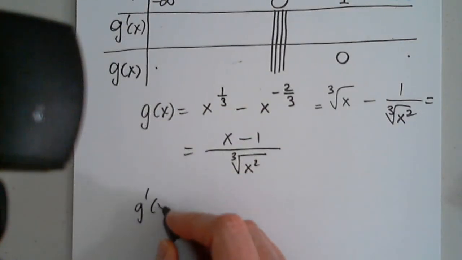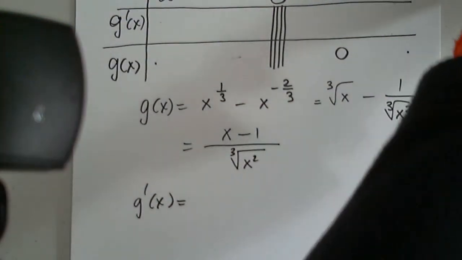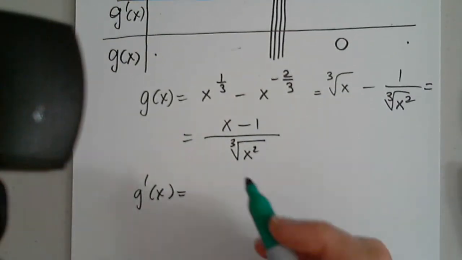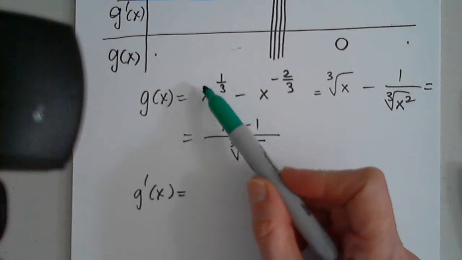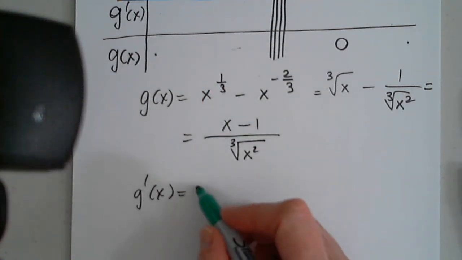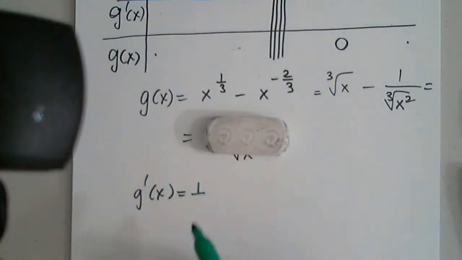So then g prime of x, can anyone help with the derivative? Isaac, are you doing the bottom one or the top one? Yeah, the top is the easiest.